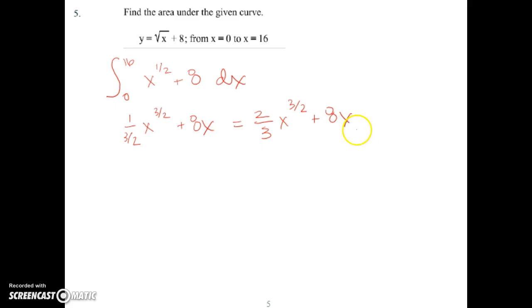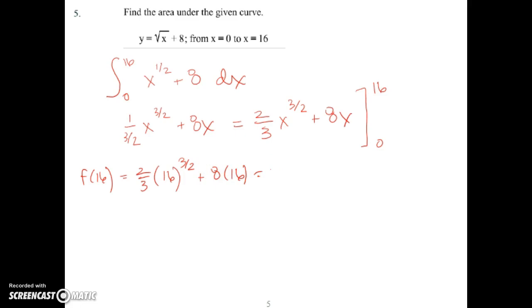And now to find the area under the curve, we're going to have to evaluate that between 0 and 16. So first, if we find F of 16, we're going to say 2/3 times 16 to the 3/2 plus 8 times 16.